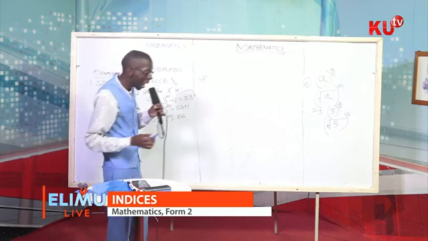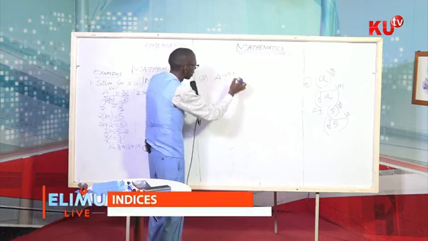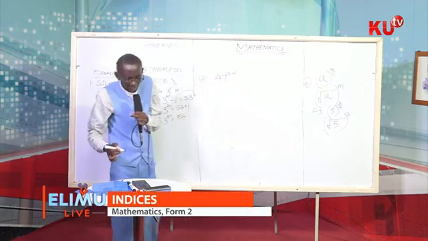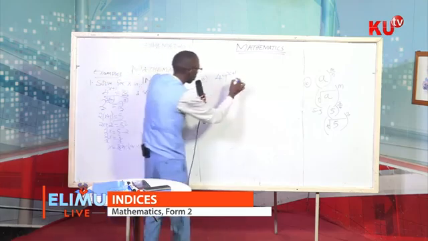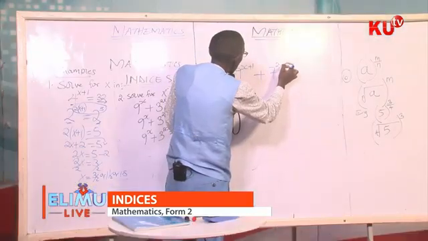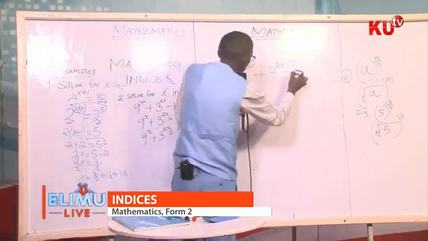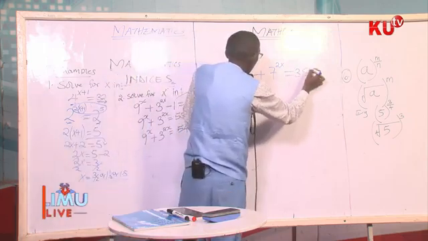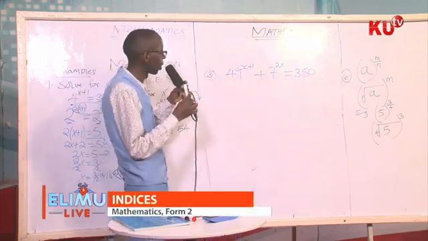49 to power x plus 1. Don't worry, when I write another book, I will replace x with other values like k. That is plus 7 to power 2x is equal to 350. Solve for x in that equation.